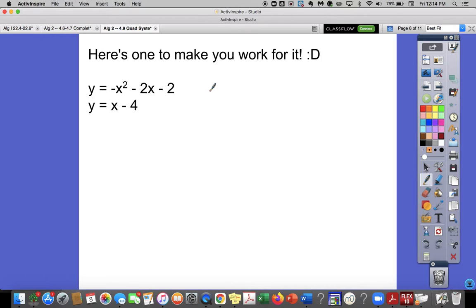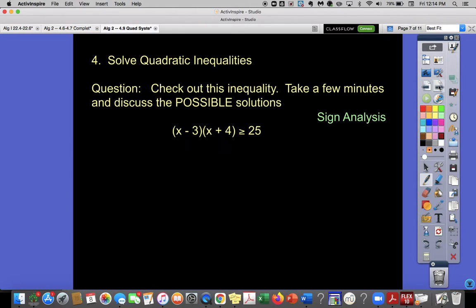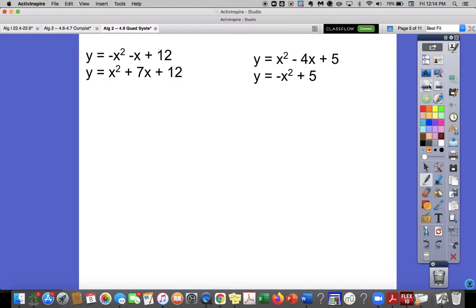So let's just see what that means. All right. Oh, excuse me, that's linear. I'm going to back up and do this one, the second one. Let's do the second one. X squared minus 4x plus 5.